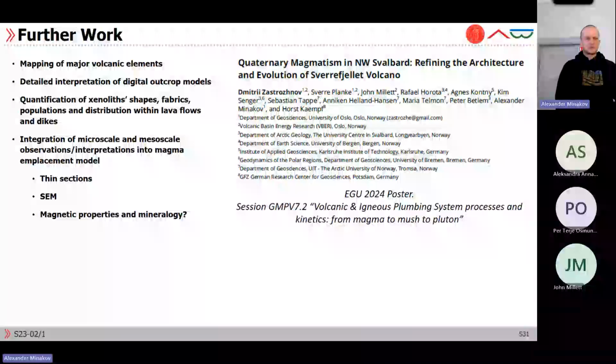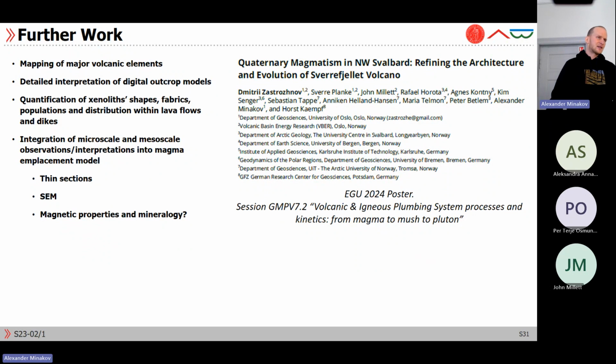Just to repeat what we are going to do: we would like to map out again in detail major volcanic elements, continue detailed interpretation of digital outcrop models, and quantify xenolithic shapes, fabrics, and population distribution within lava flows and dikes.